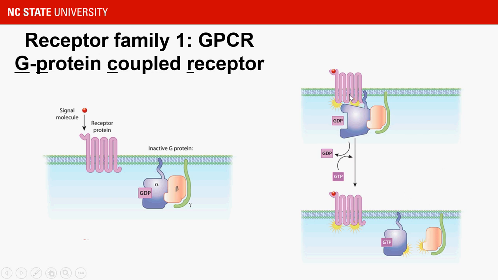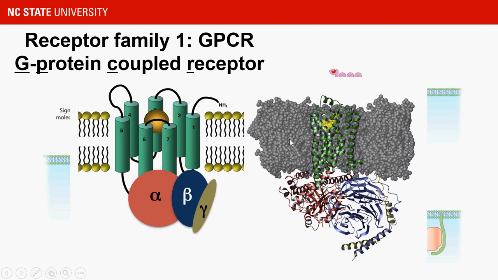The interaction of the small G protein with this GPCR will induce the change of GDP to GTP, which will activate this small G protein, which then can further activate the downstream signal. This is how the receptor looks.